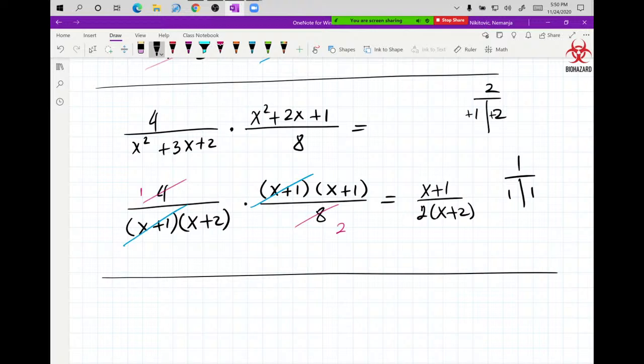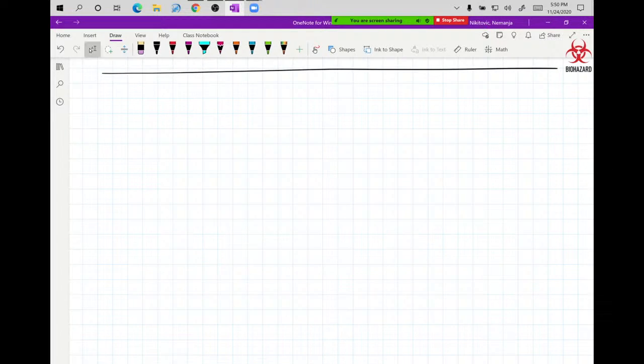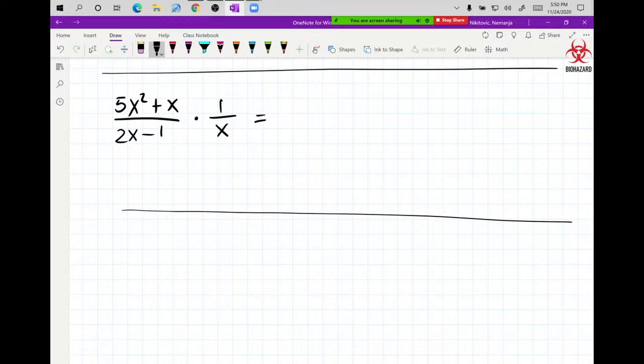So we have this. We'll put 2. 5x squared plus x divided by 2x minus 1 times 1 over x. So that will be the first problem.